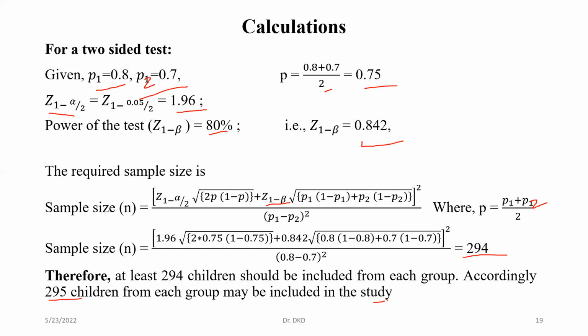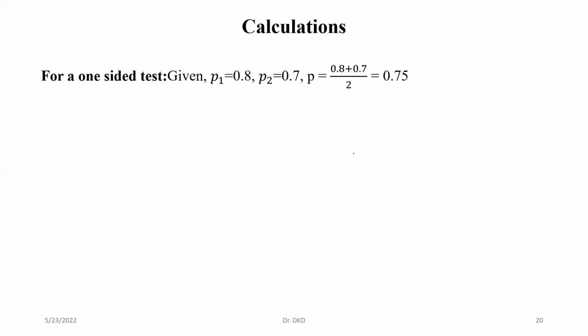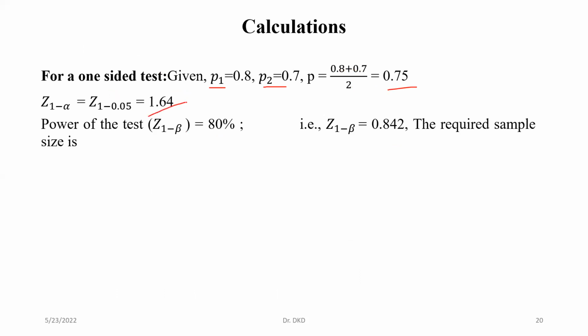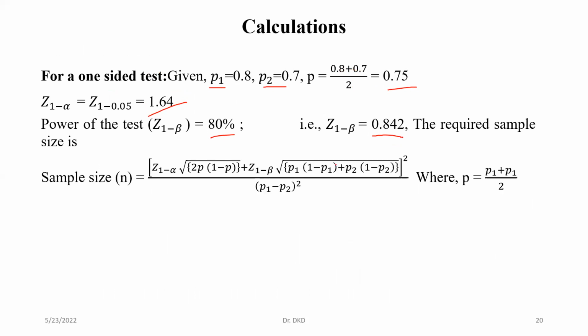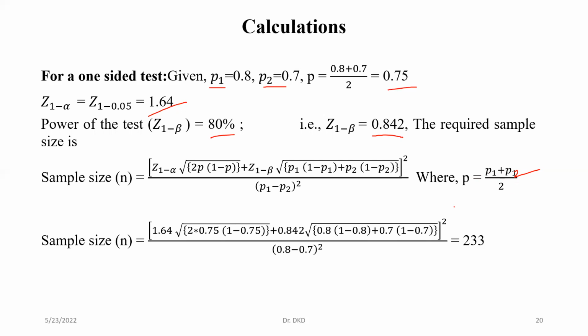Suppose we have a one-sided test. Then P1 is given, P2 is given, and P equals (P1 plus P2) divided by 2, which is already given. The normal deviate Z alpha value is 1.64, and the power of the test is 80%, so the Z(1 minus beta) value is 0.84. For the required sample size, we put all the values into the formula and find the minimum sample size of 233.